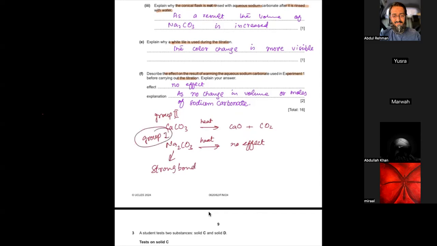It's actually the property of group 1 carbonates. They have very strong bonds and are thermally stable, which means they resist the heat. Is this understandable? Yes, sir.